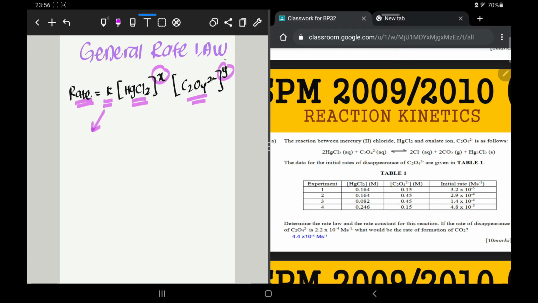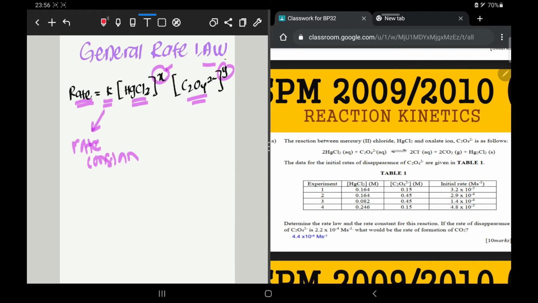K over here represents the value of the rate constant, and x and y are the powers that we do not know, so we need to represent the exponents with any kind of alphabet. Over here I choose x and y, and you can choose other letters too.